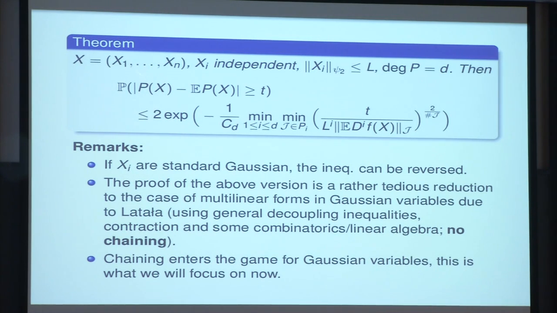So you write your polynomial as a sum of some homogeneous polynomials of different degrees of homogeneity and of some special form. And then, because of the special form of those homogeneous parts, using some general inequalities from probability known as decoupling inequalities due to De La Peña and Montgomery-Smith, you can replace each part by something which conditionally is a sum of independent random variables.